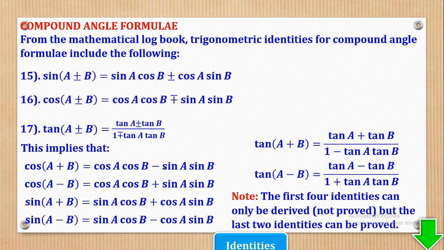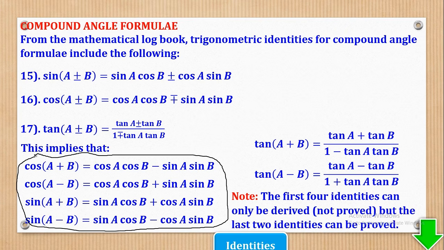In this case, these ones can only be derived, so we don't need to know how they come about. But these ones can be proved, so since they can be proved, you have to know how they come about. And we shall see that in the preceding questions.